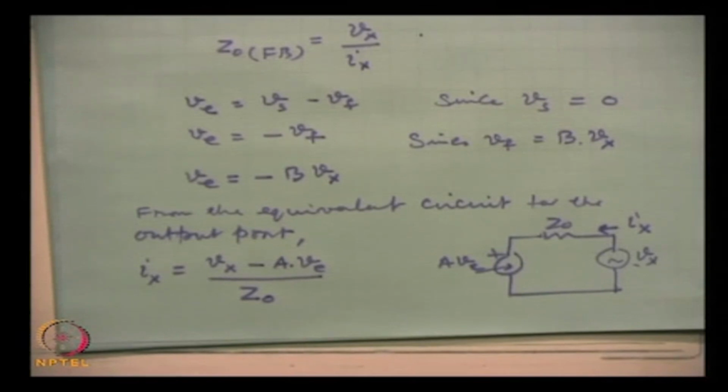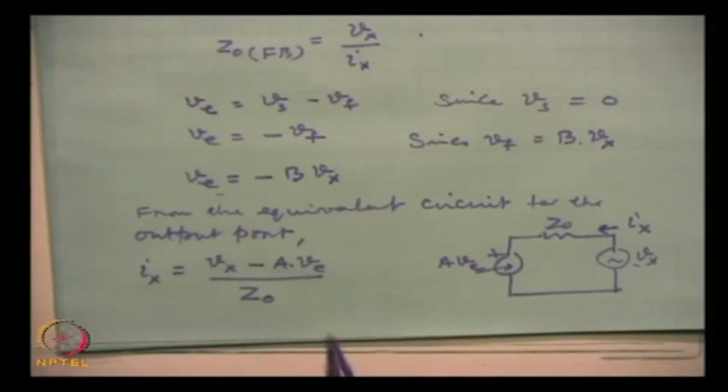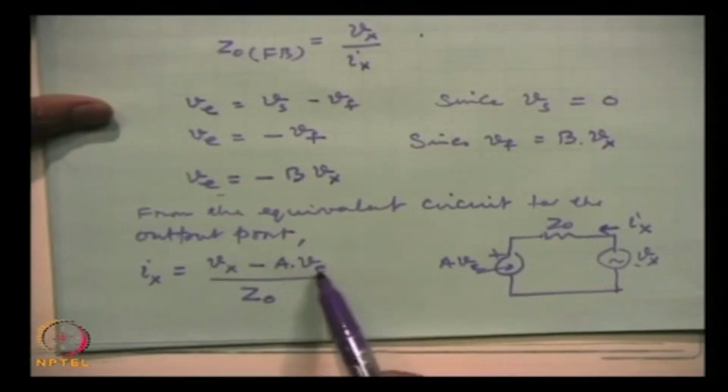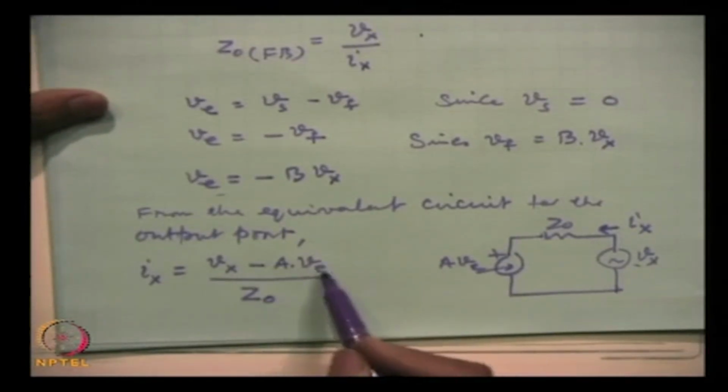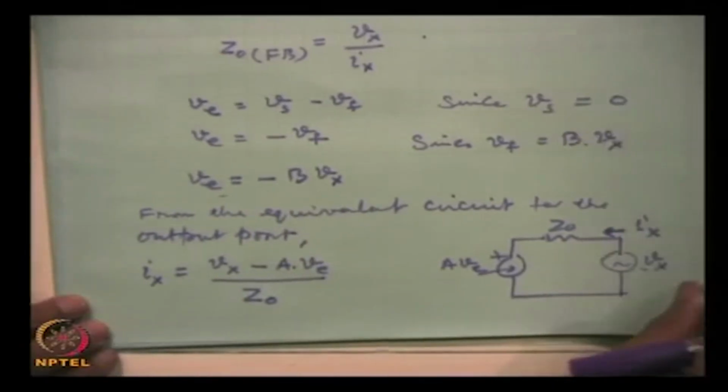This is the relation which we get, and now we substitute for V e what we have found out here. We substitute this V e by minus B V x. So, what do we get?